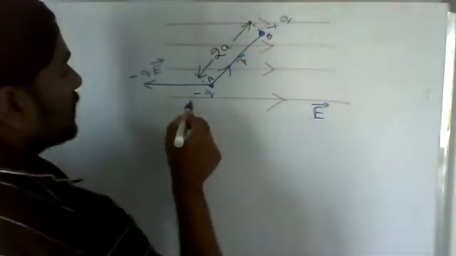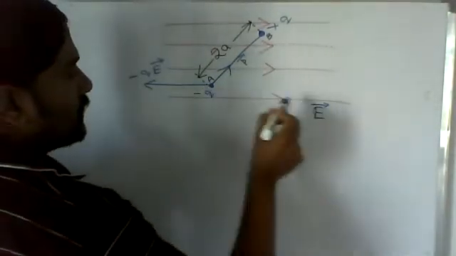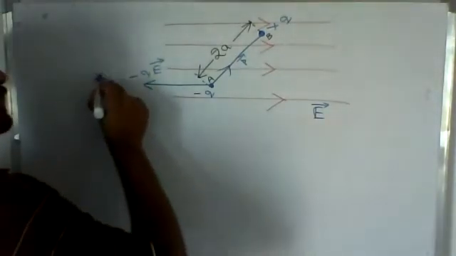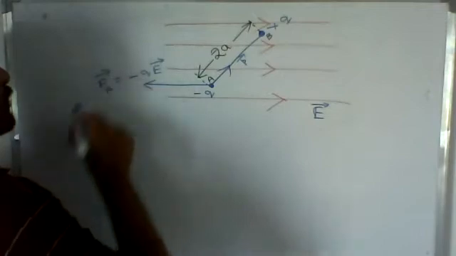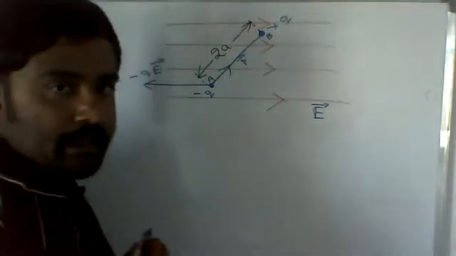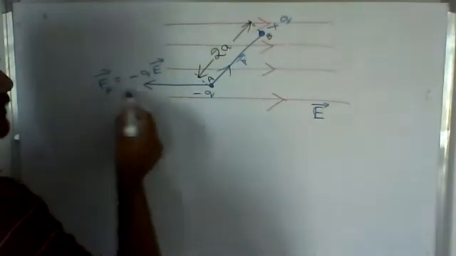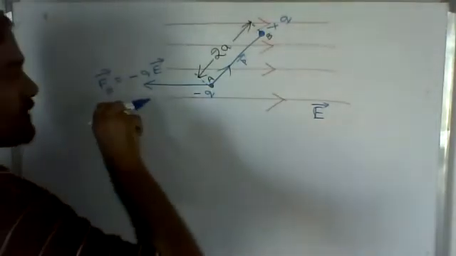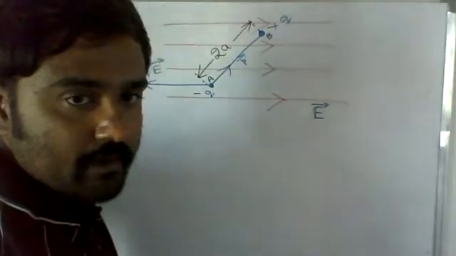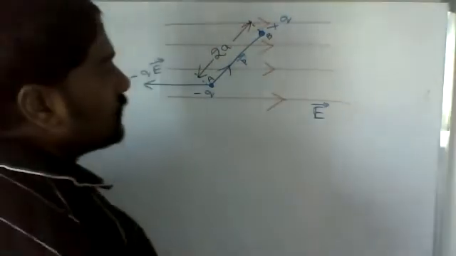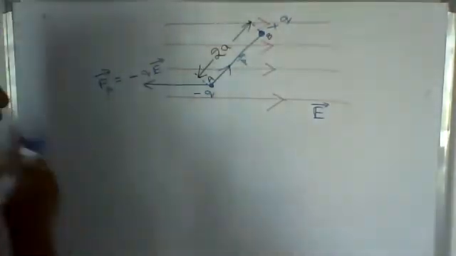So the force acting on minus Q at A due to the electric field, let us consider that as F A vector. F A vector is minus Q E vector. The negative sign indicates the direction of F A vector is opposite to the direction of the electric field.